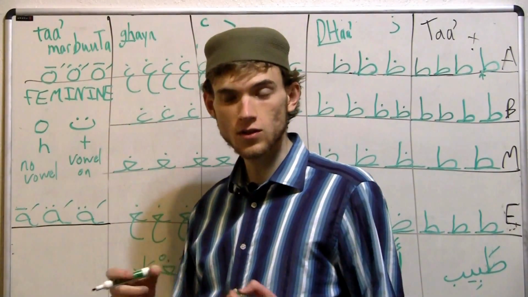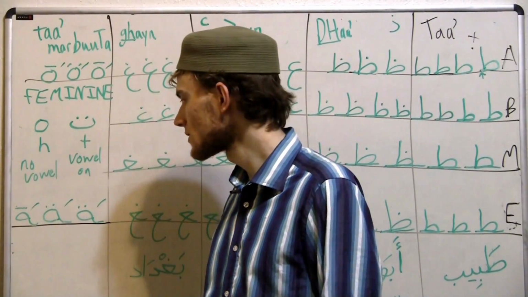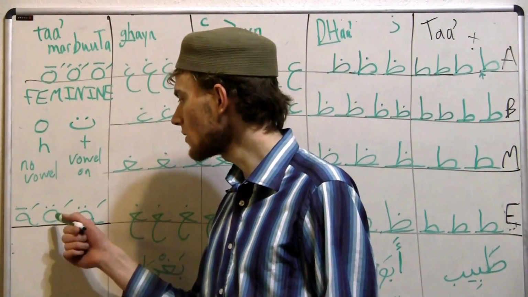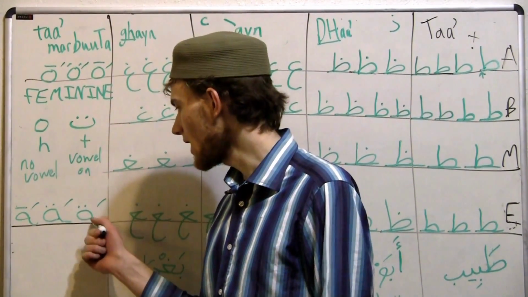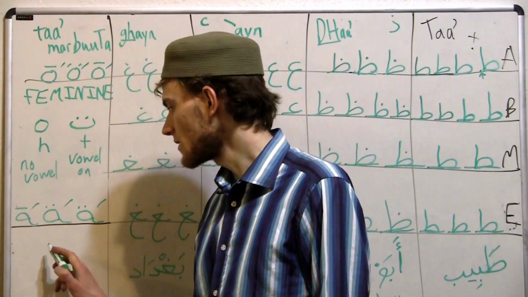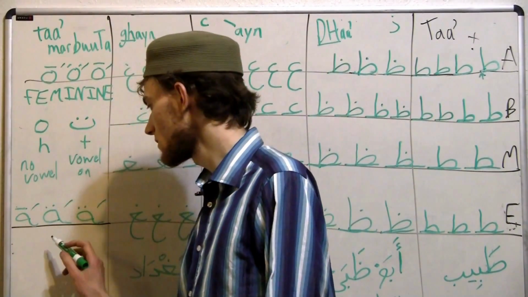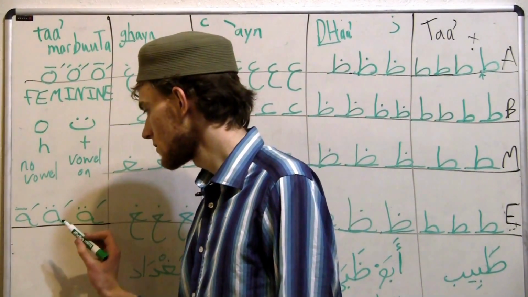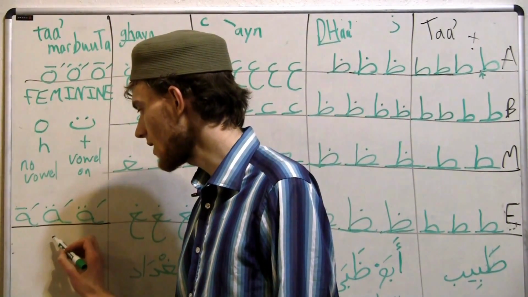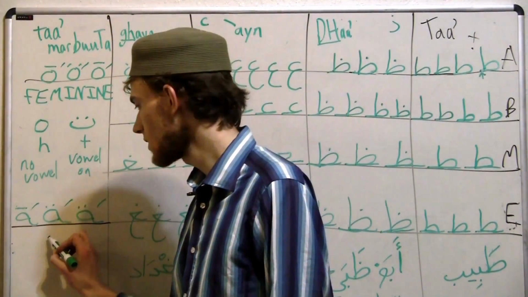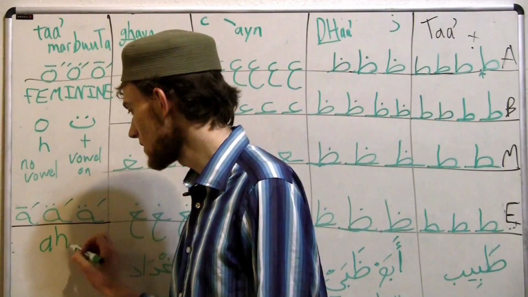And so, in conclusion, whenever you see this symbol, this ha with 2 dots on it, if we're not saying a vowel on it, after it, it's going to be pronounced as ah.